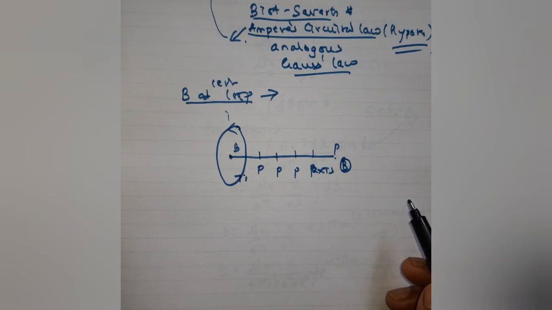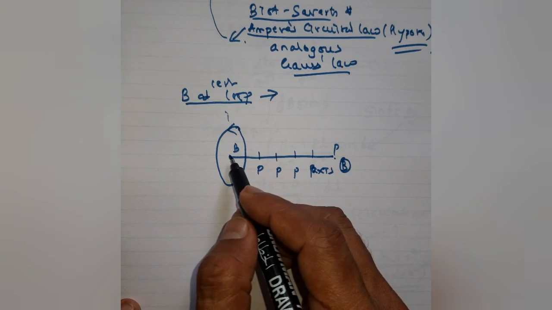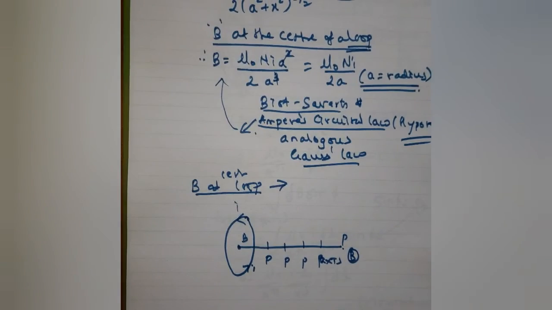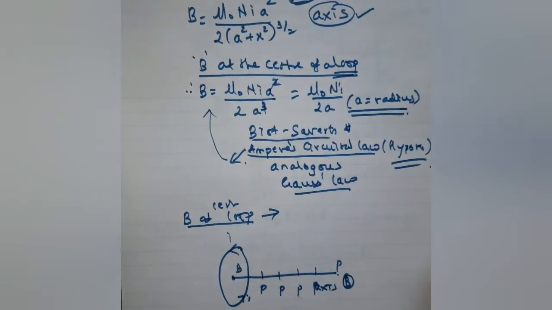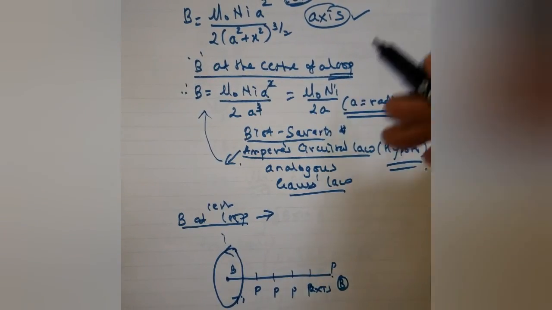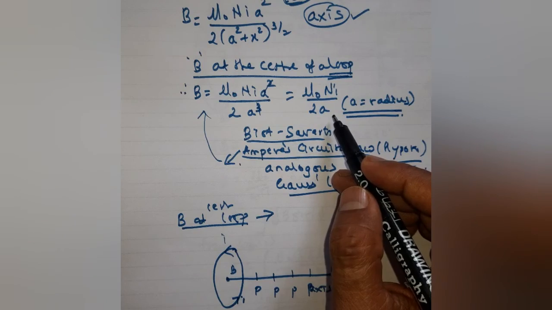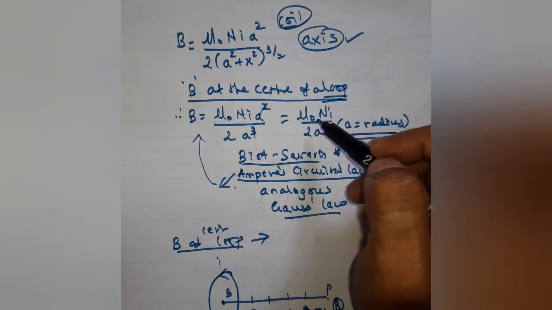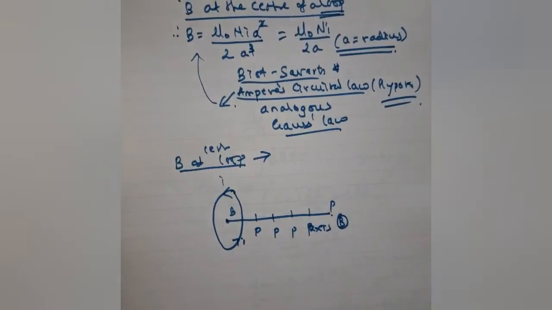But if I want to find it at the center, you can directly derive it without using the concept of axis. Here we found this equation at the center using the axis and everything. In this case you can directly take a loop and derive it.